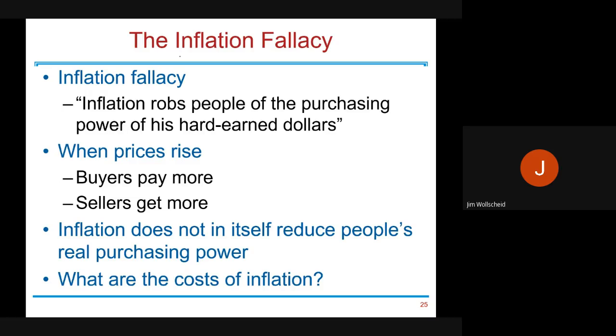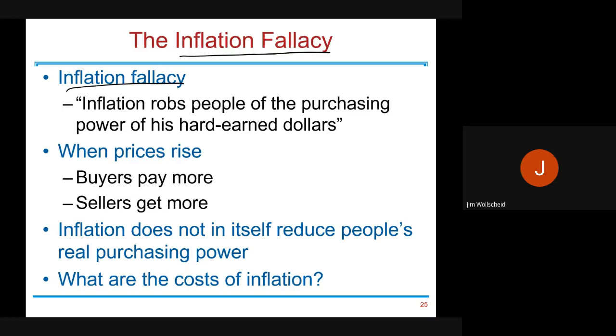So let's talk about inflation. Why economists view it differently than citizens is what we call the inflation fallacy. We've talked about it a little bit. The inflation fallacy is that inflation robs people of the purchasing power of their hard-earned dollars.